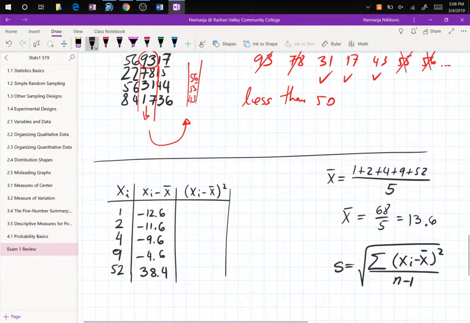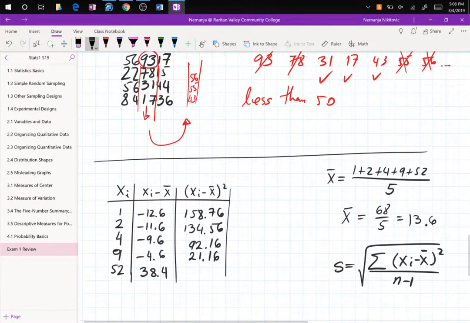So 12.6 squared is 158.76. 11.6 squared is 134.56. 9.6 squared is 92.16. 4.6 squared is 21.16.